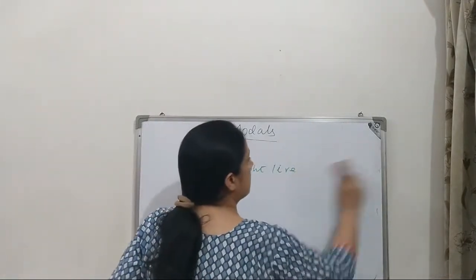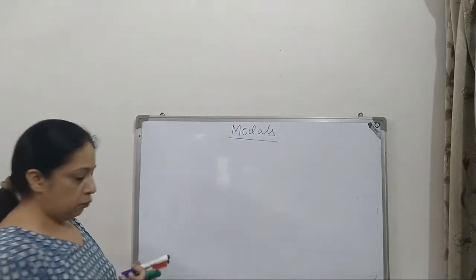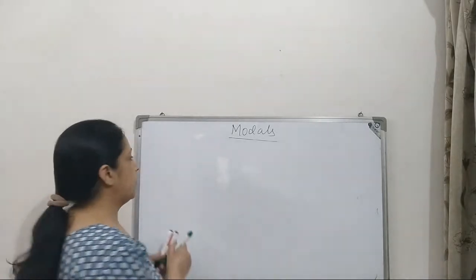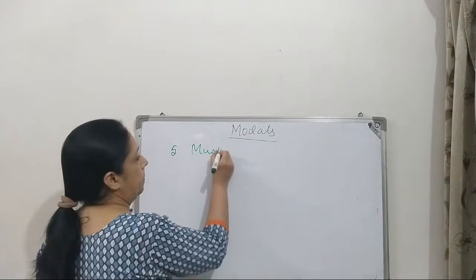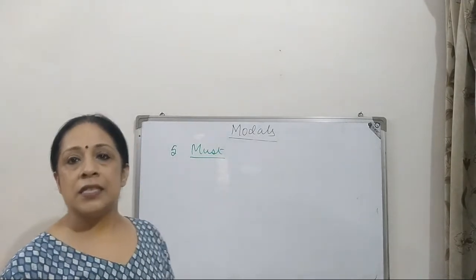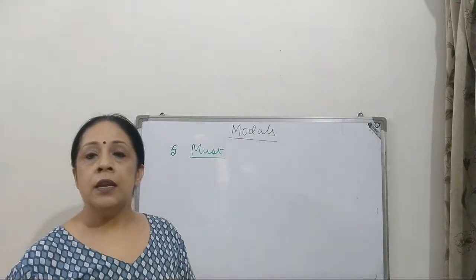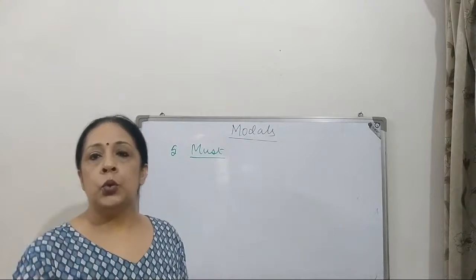Now since we have done can, could, may, might, let us move on to must. Alright, so number 5 is must. What is must? Must is compulsion. When we insist someone to do something.